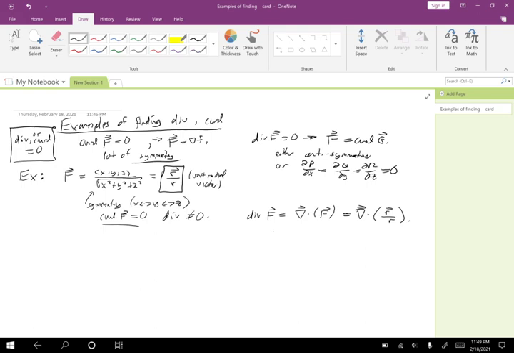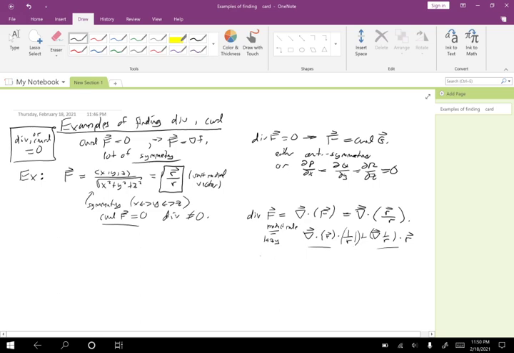So to be lazy, I'm going to use the product rule. This should be the divergence of the first times the second plus the gradient of the second times the first. This is a dot product, and this is also a dot product because we have vectors. And then this will just be ordinary multiplication because that's just a function.